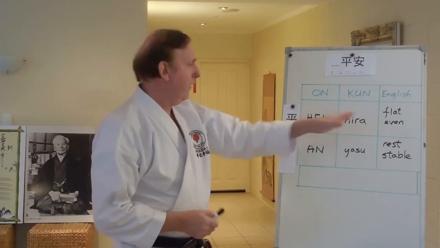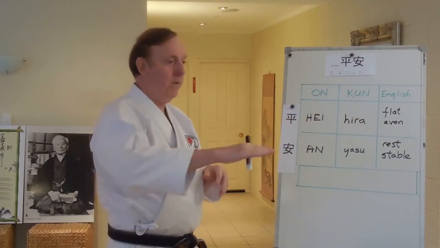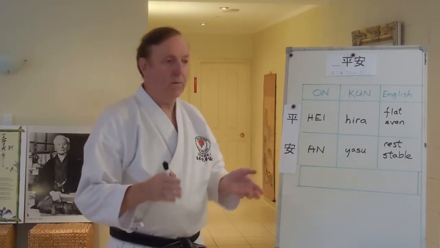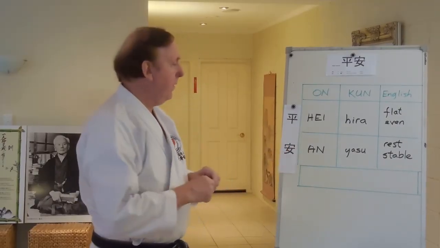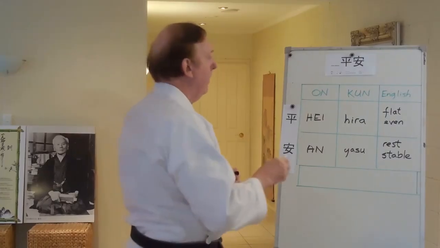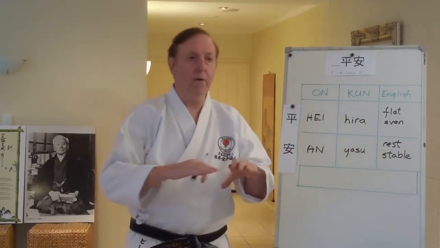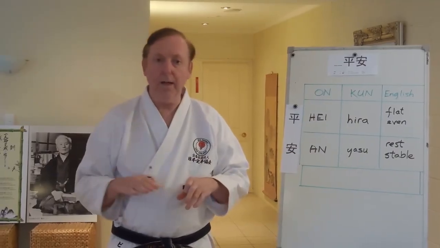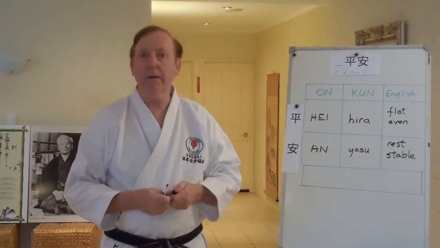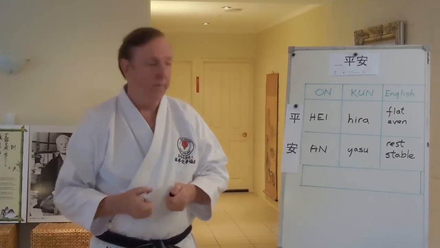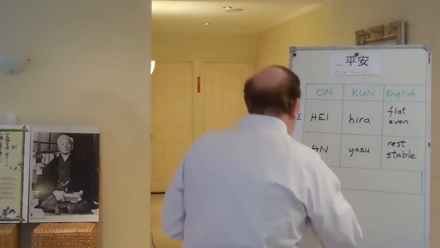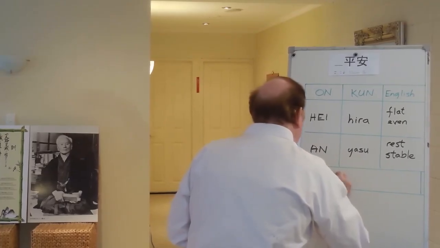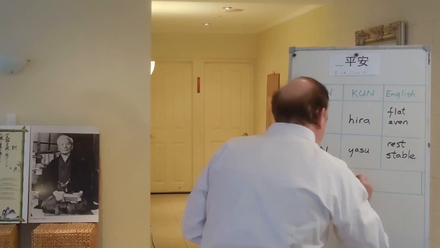First of all, he, first part, means flat or even, and the second part, an, means rest or stable. When you put the two together, you can actually get the idea that if someone is in a stable condition and it's all flat and it's all even, then we have the concept that things are relatively peaceful. So this translates usually as peace and stability.